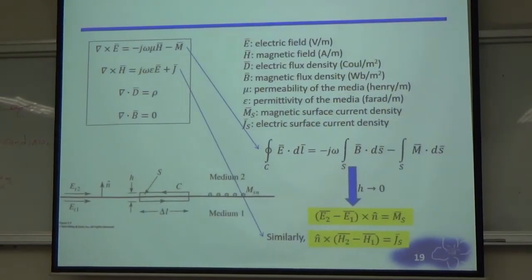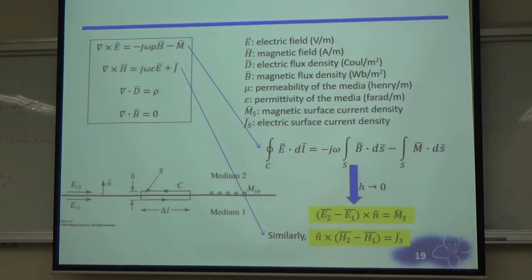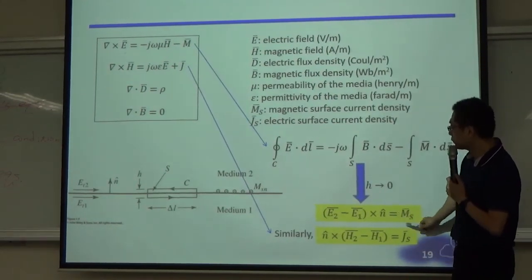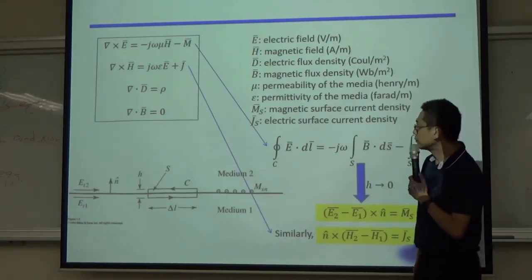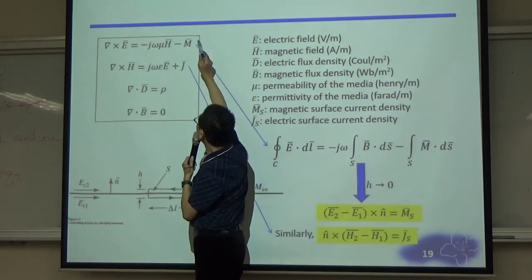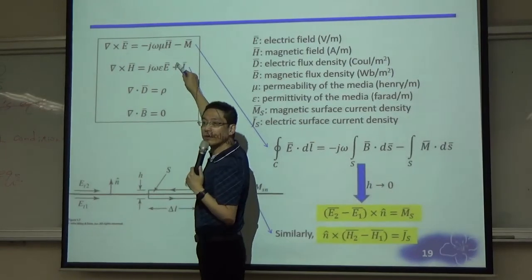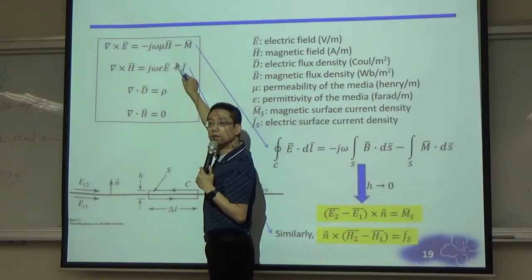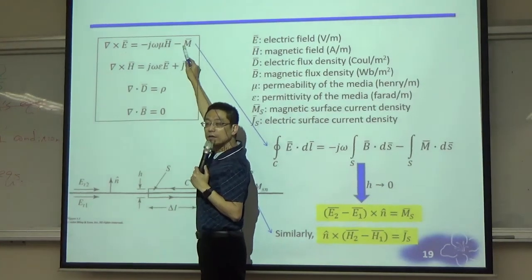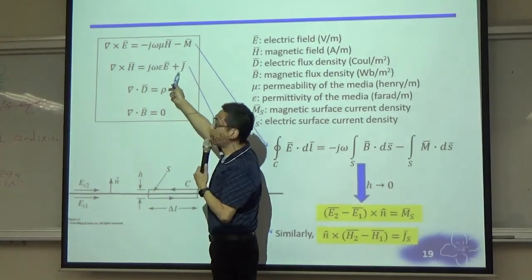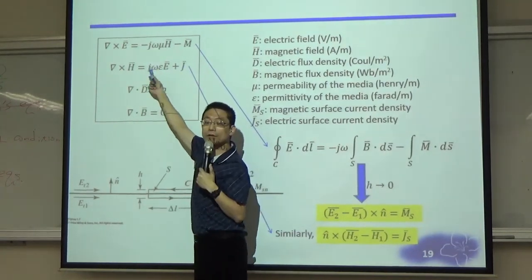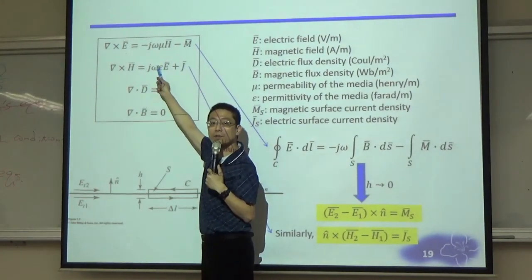Also, you have 2 boundary conditions for this case. We apply the first and the second Maxwell equations, very similarly, but in this example, maybe we can use Ampere's law. For you, it's easy to understand Ampere's law.